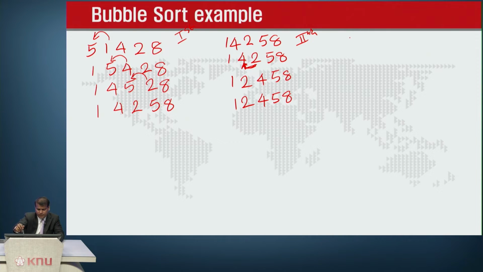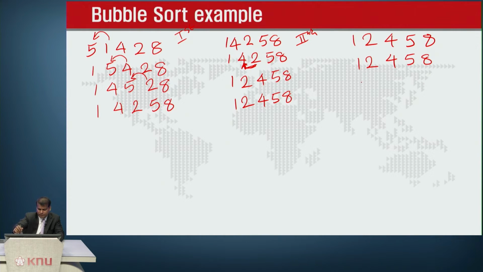Since no more swaps are needed at this point, and 4, 5 and 8 are not swapped, we go for the third iteration where we start with 1, 2, 4, 5, 8, and here initially there is no swap in this position. So for 1 and 2 there is no swap, and again for 2 and 4 there is no swap.